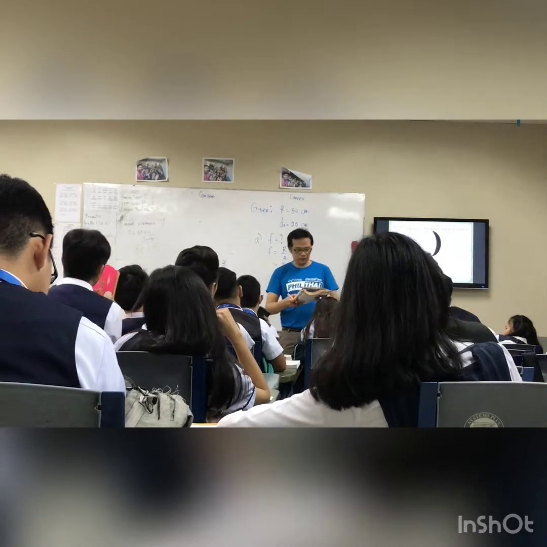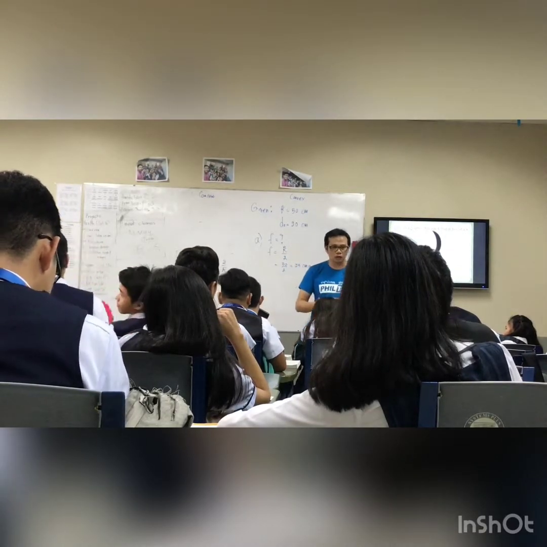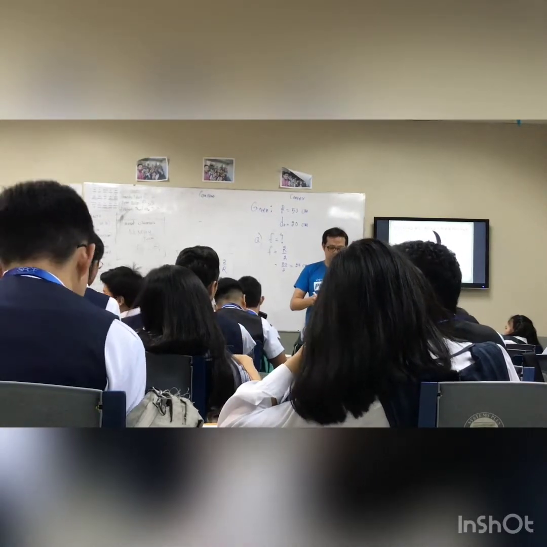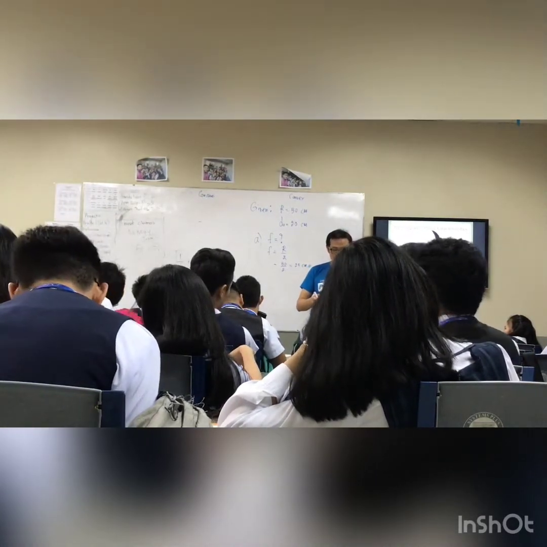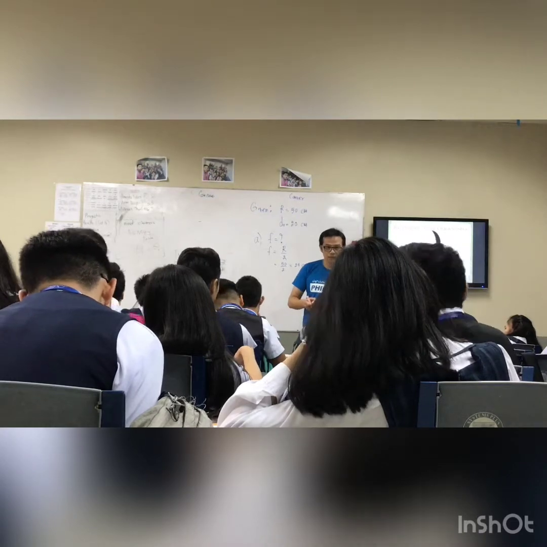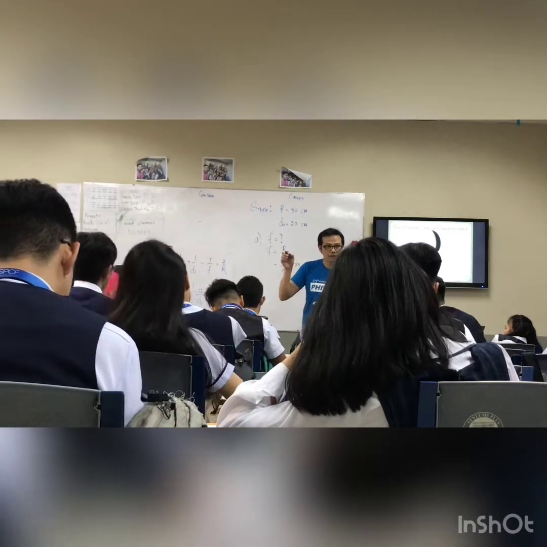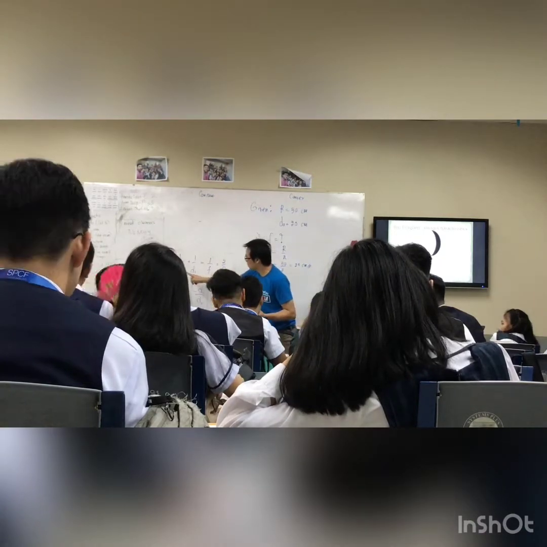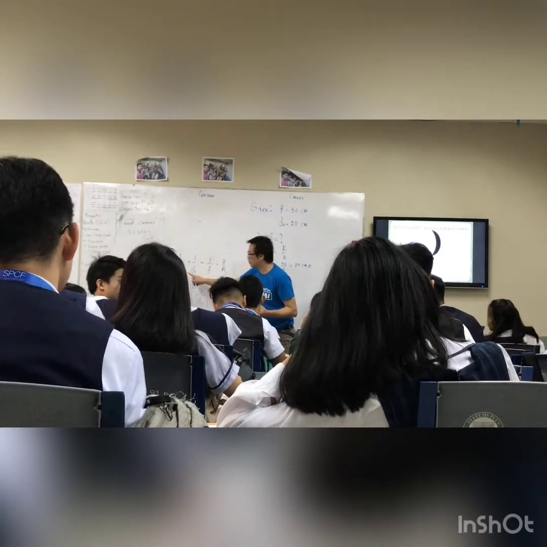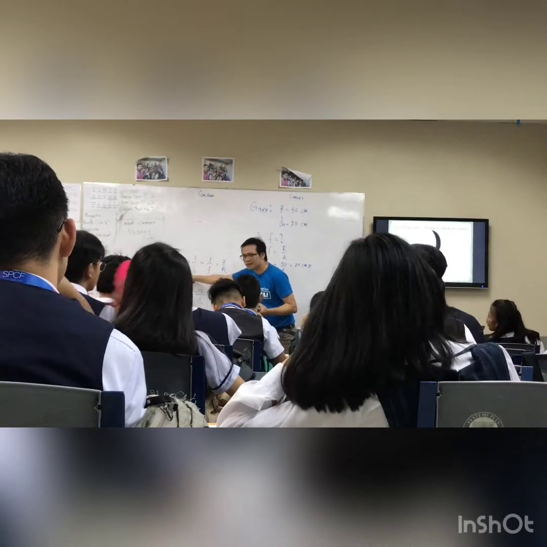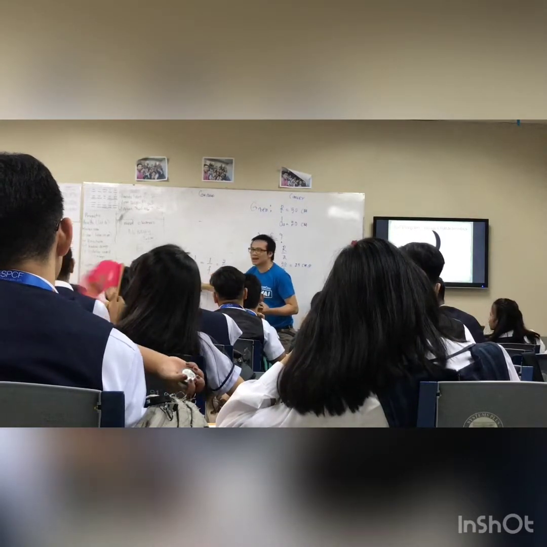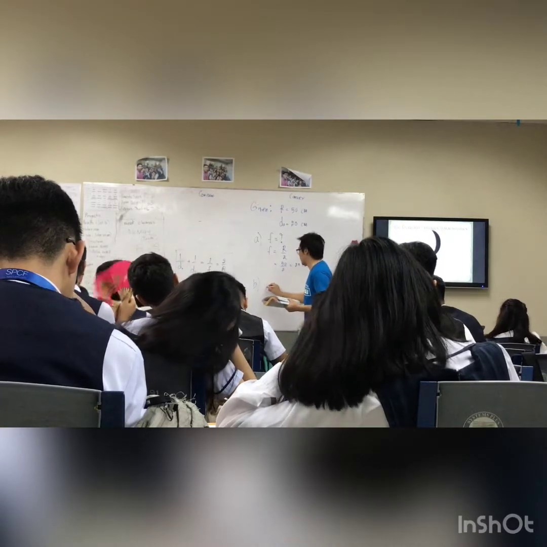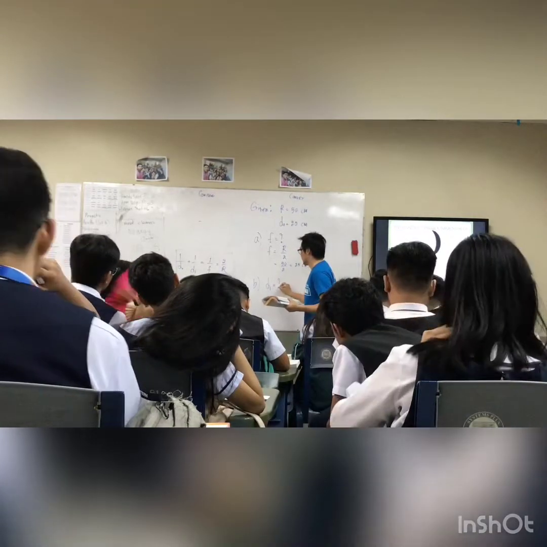And B asks where the image is located. Where is the image located? That is the distance of the image, DI. So B asks about DI.